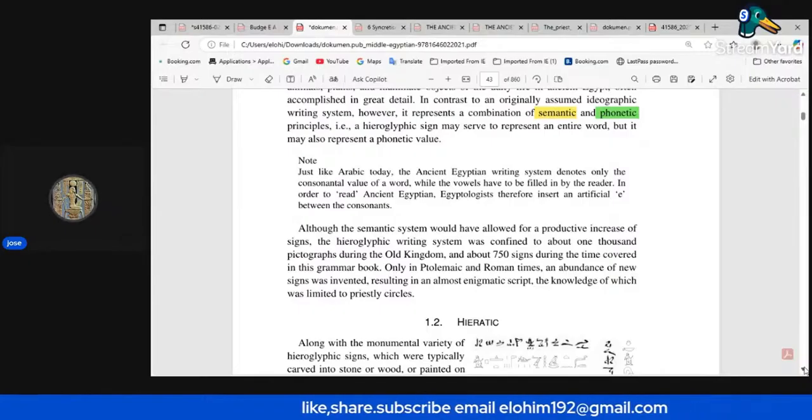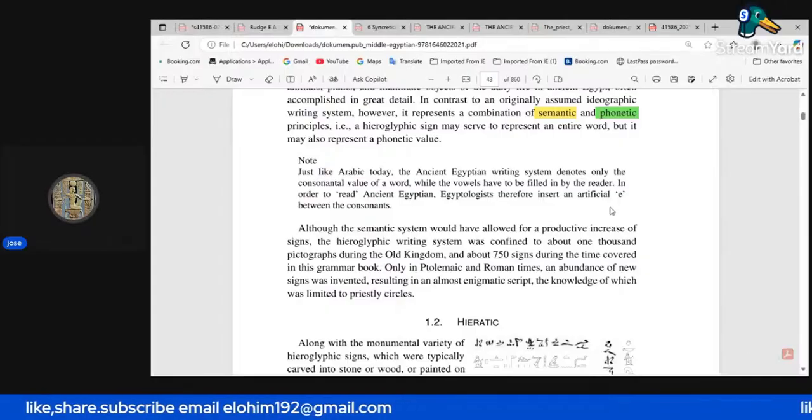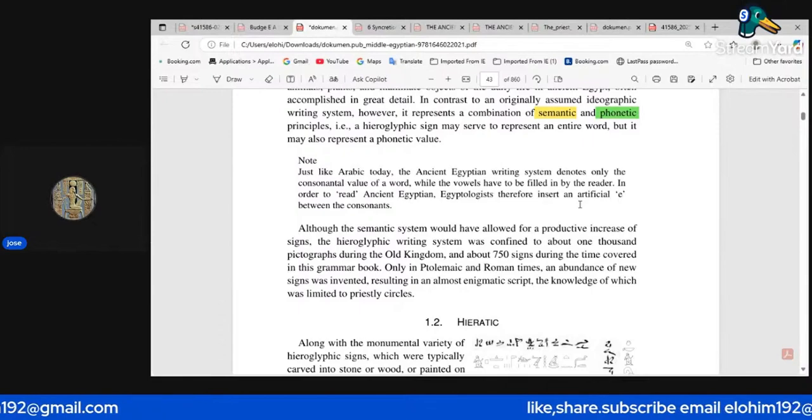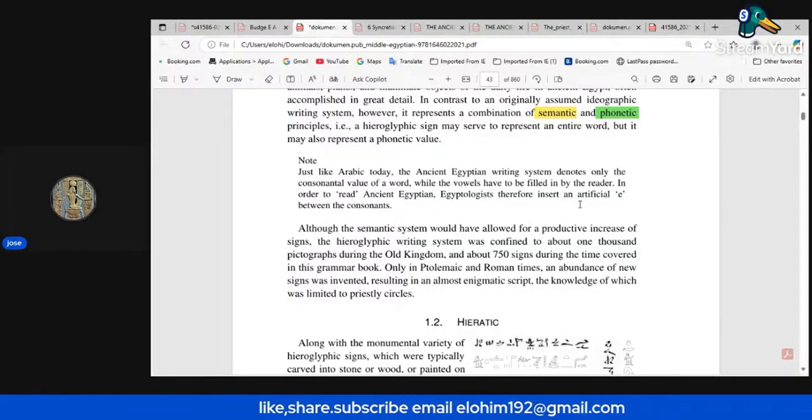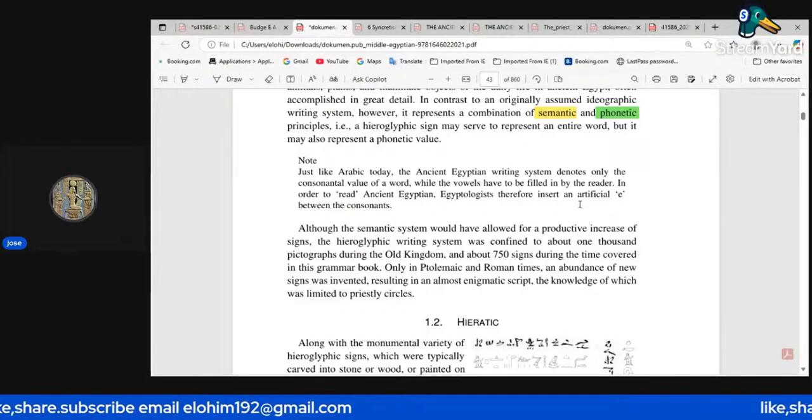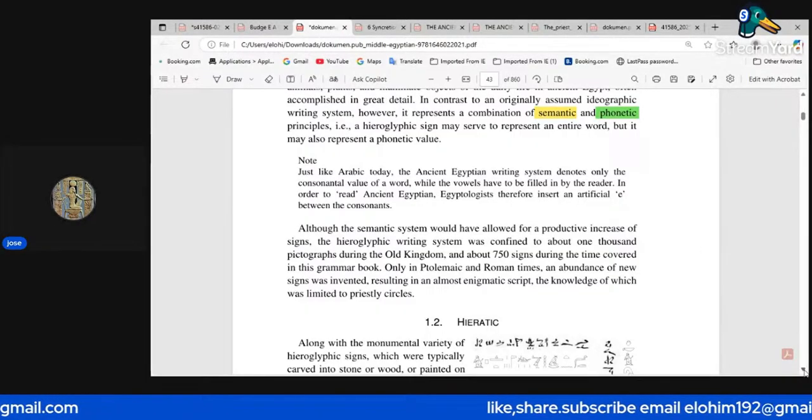Egyptologists therefore insert an artificial e between the consonants. Now, in some cases this is not always true; in certain words you will see vowels in the actual Medu Necha. But as a general rule, you only see the consonantal value.